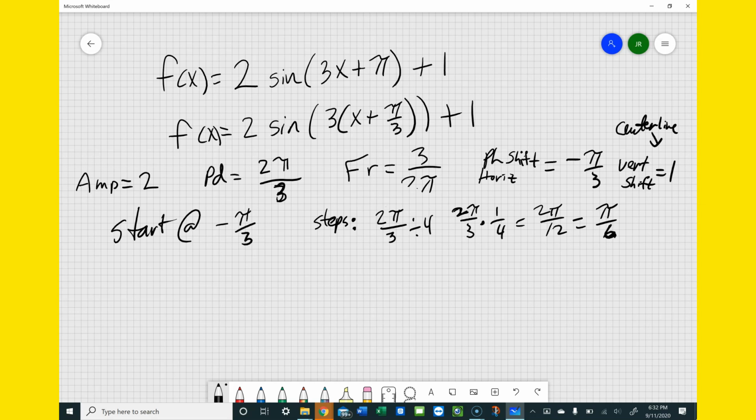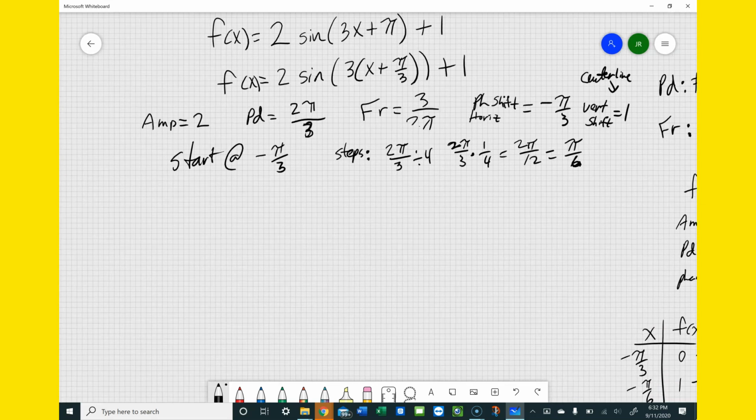Okay, so each fundamental point, instead of coming every pi over 2 radians, or every 90 degrees, as they used to, is going to come every pi over 6 units, because this one has a different frequency and a different period. Okay?